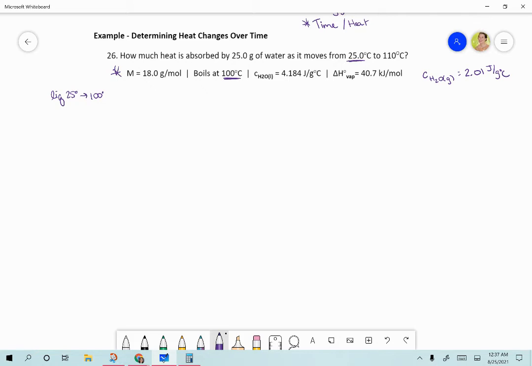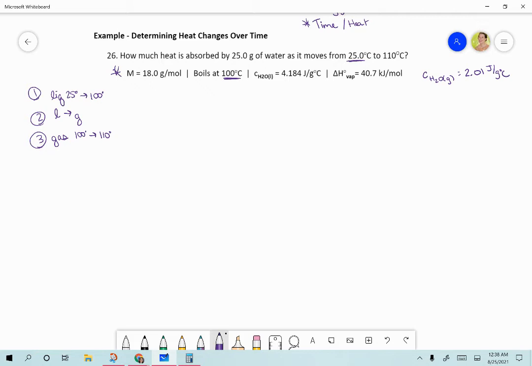Okay, then when it gets to 100 degrees, I'm going to go from a liquid to a gas. And then I'm going to have a gas at 100 degrees that is going to be heated until it reaches 110 degrees. So I have 1, 2, 3 different steps in this heating curve.